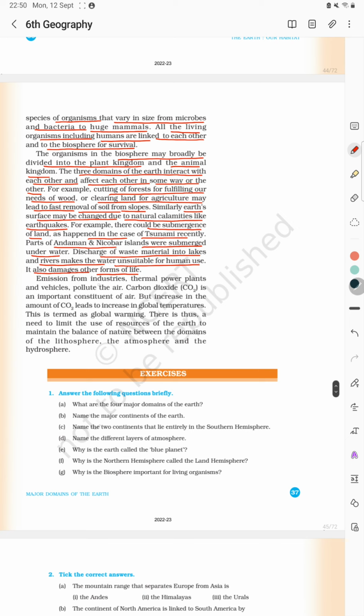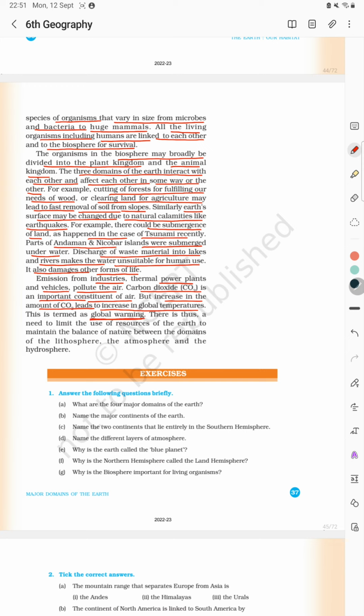So emissions from industry, thermal power plants, and vehicles pollute the air. Carbon dioxide is an important constituent of the air, but increase in the amount of CO2 leads to increase in the global temperature. This is termed as global warming.